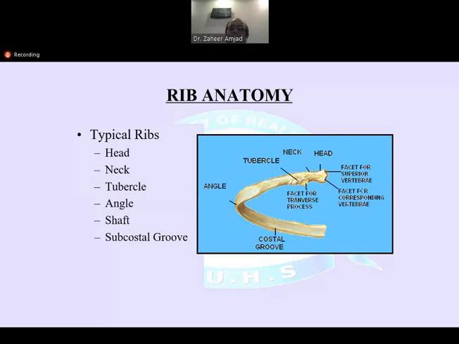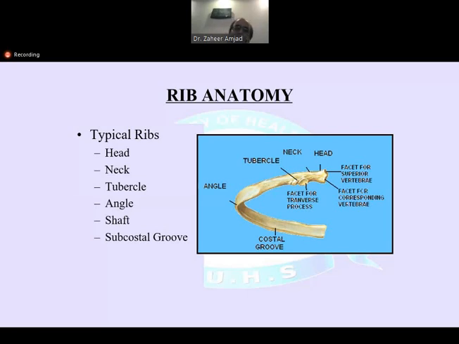The upper facet would make contact with the vertebra above that level, right? And there will be a ridge in the middle of these. This is a synovial joint, and this synovial cavity is divided into two cavities by the presence of the ridge between two facets on the medial aspect of a typical rib.